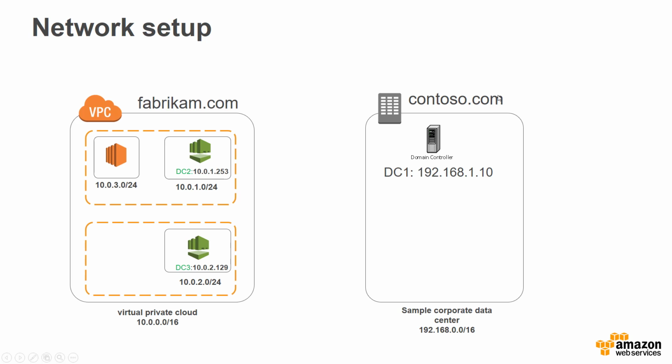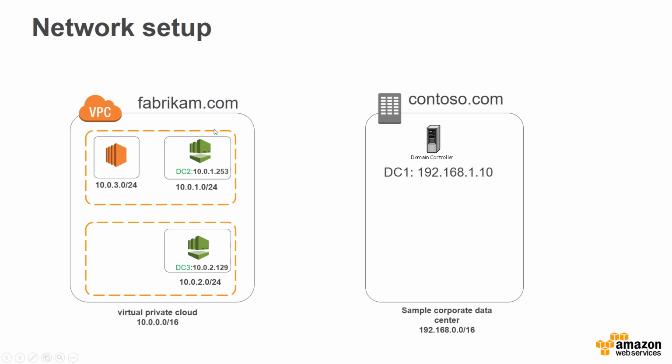In the cloud side, we have this fictional company called fabricam.com. It's also another famous fictional company that we use to describe Microsoft technologies. So here we have set up a virtual private cloud, VPC, with the address space 10.0.0.0/16. And in this VPC, we have set up two availability zones marked in orange dotted lines.